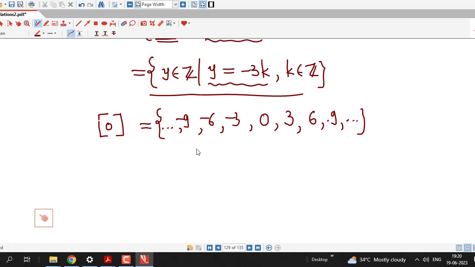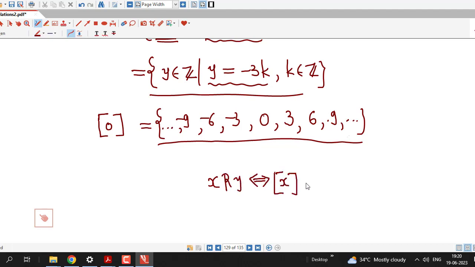And we know that these integers are nothing but relatives of 0. All these integers are related to 0, and we know that if two elements are related to each other, equivalence classes generated by those two elements are always the same.